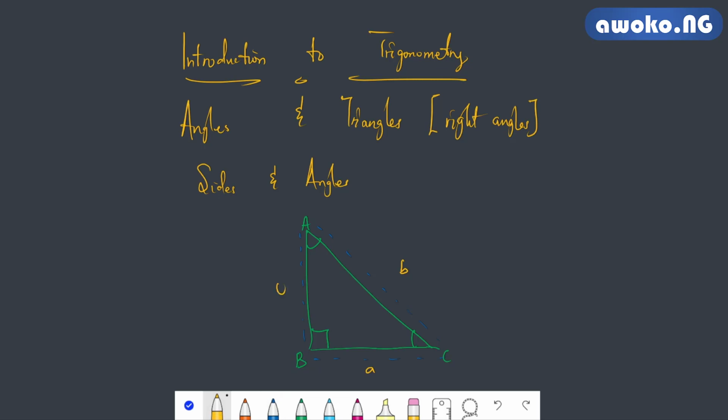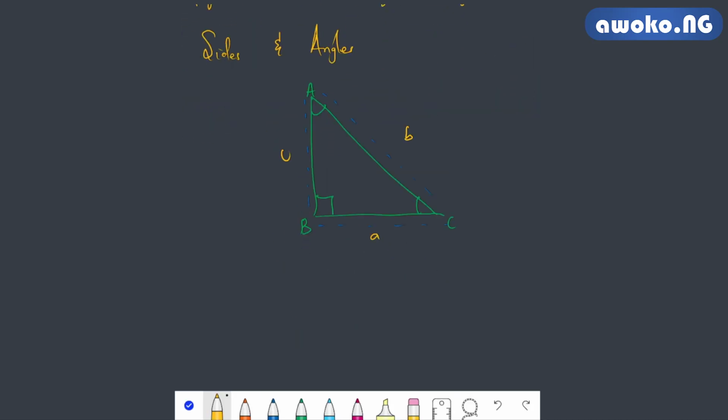Is that okay? Now, if this is what we have, it should be noted that the angle C is theta. Let's call angle C theta. Is that okay? The side facing the theta, which is c, is called the opposite side. So this side is the opposite.